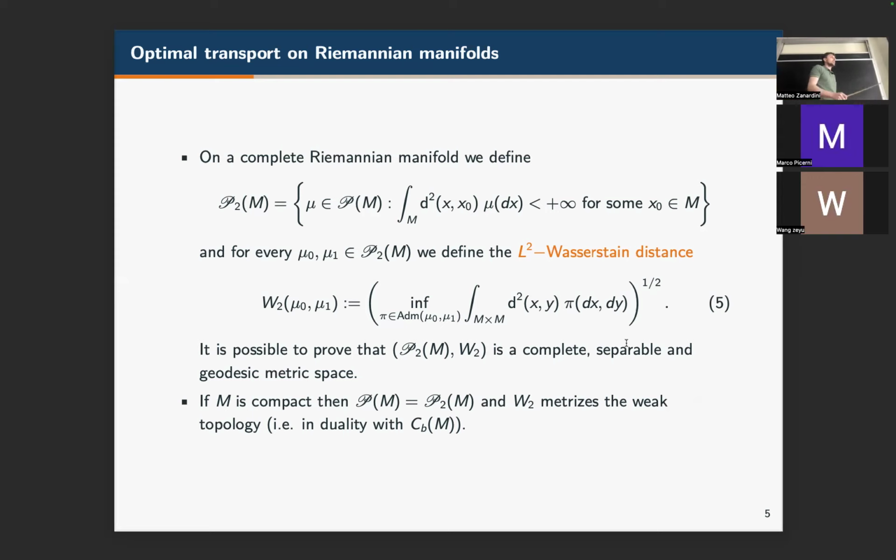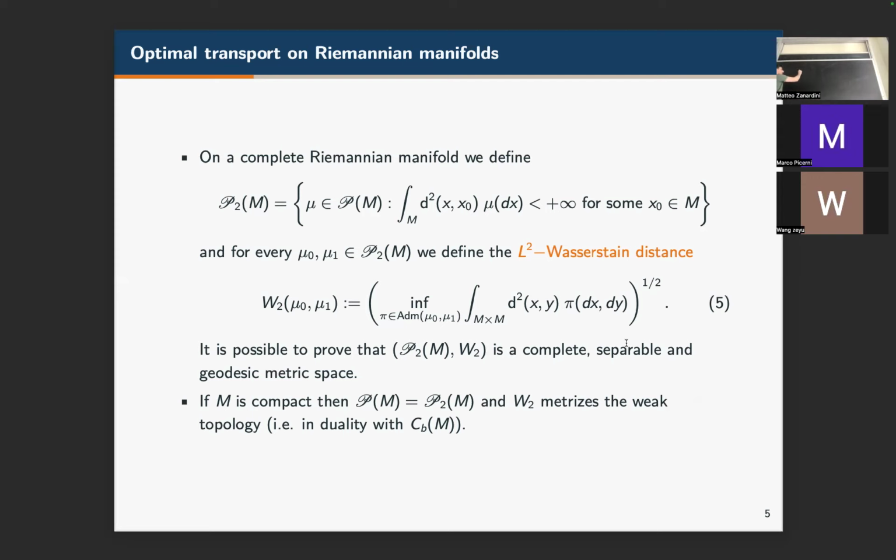It's separable because M itself was separable. So you can just use density of combinations of Dirac deltas to show that this is actually separable. And it is a geodesic metric space. What does it mean, geodesic metric space? Well, it is just a corollary of the Hopf-Rinow theorem.